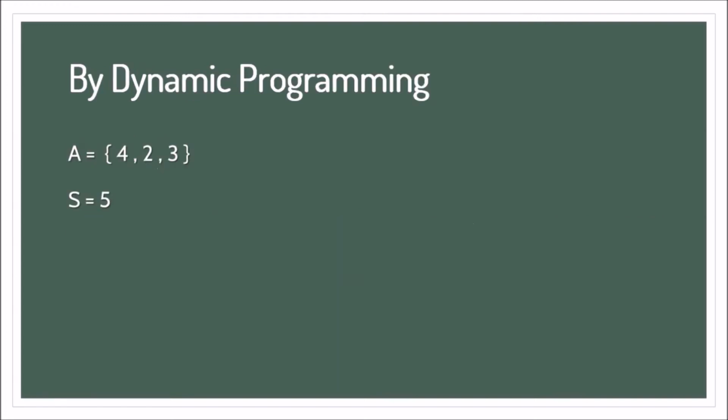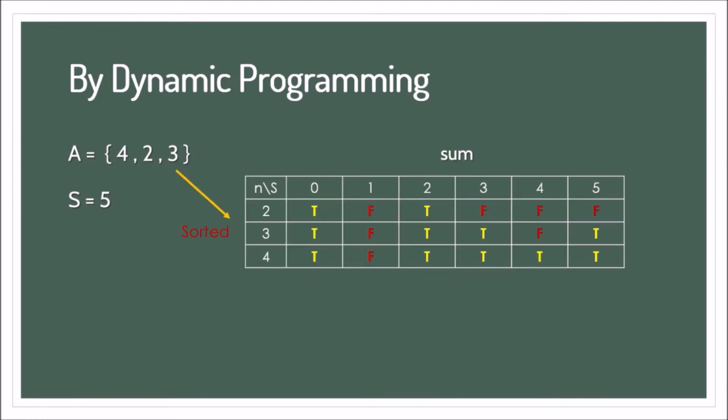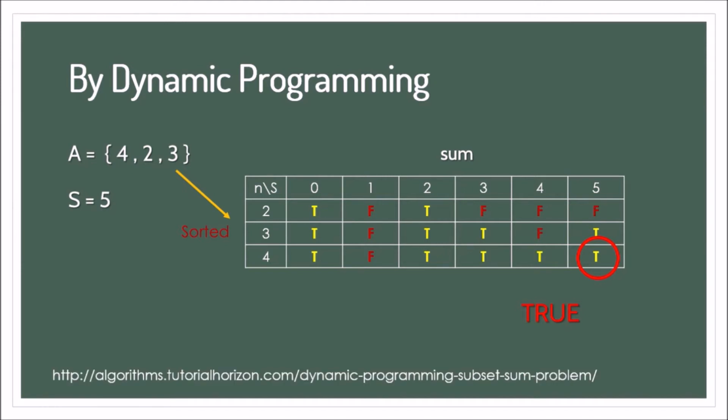Another way to solve this problem is by using dynamic programming. Using the same example, we generate this table. The output is true because the rightmost cell at the bottom part of your table is true. So there exists a subset whose sum is equal to 5. To know how dynamic programming works, go to this link.